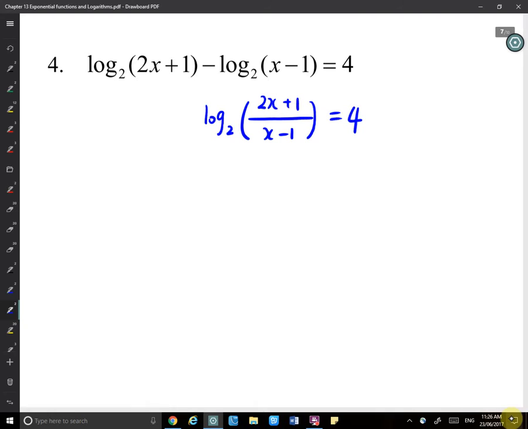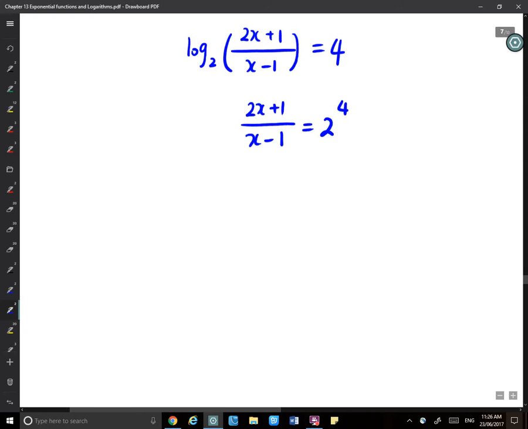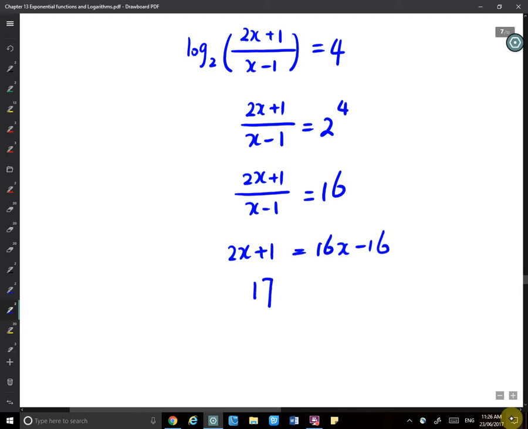I can divide them, and then we have (2x + 1) over (x - 1) equals 2 to the power 4, so (2x + 1) over (x - 1) equals 16. Then 2x + 1 equals 16x minus 16, times the denominator. We can add that: 17 equals 14x. X will be 17 over 14.